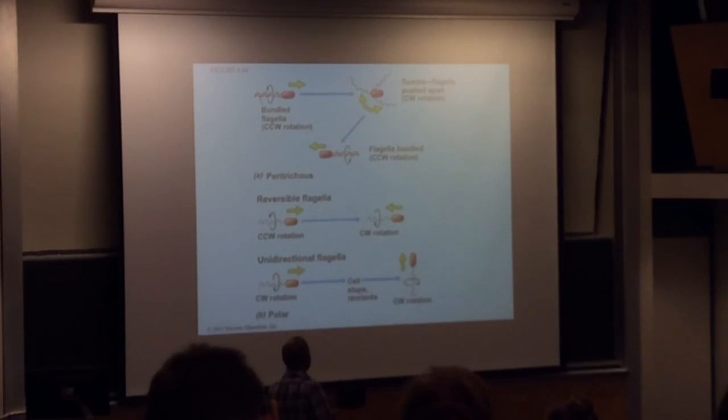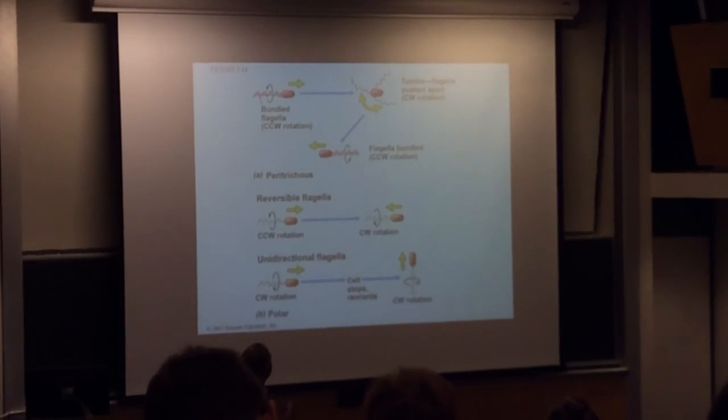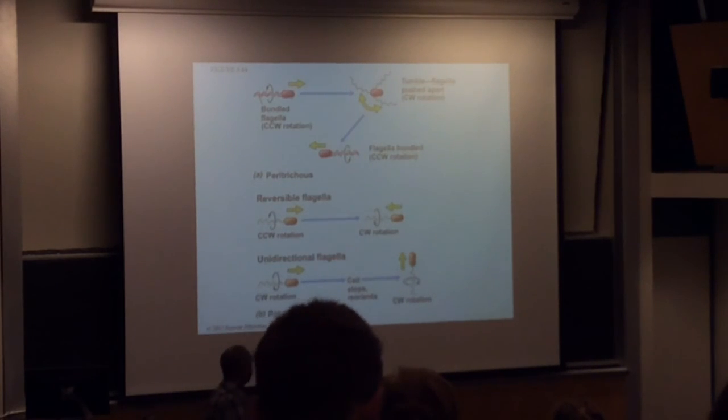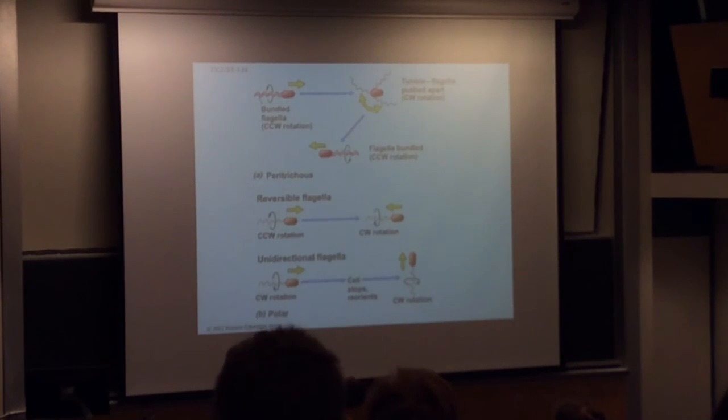If it is peritrichous, it is that way. All the flagella will turn in only one direction. Whereas in polar flagellated bacteria, some of them can rotate the flagella in both directions. If it wants to go forward, it rotates counterclockwise, let's say.